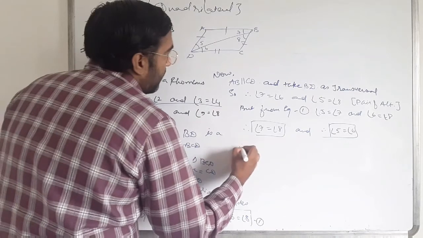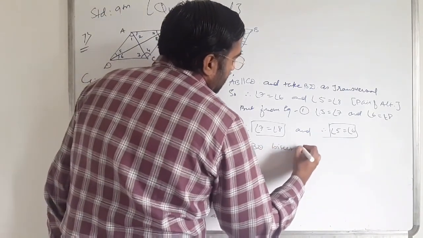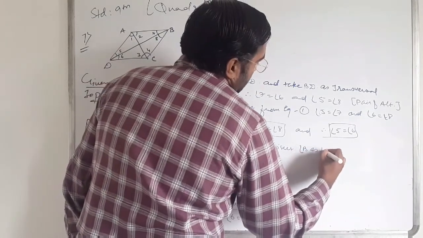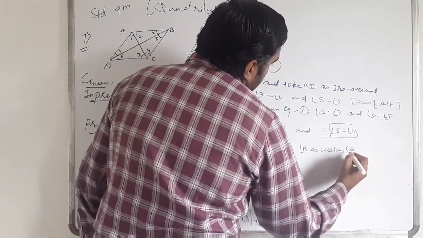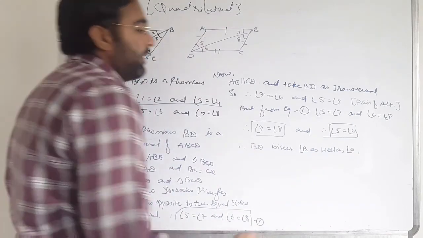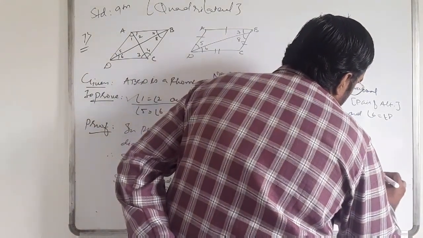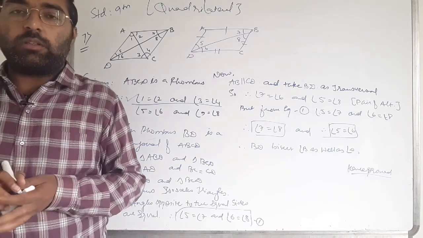Okay. So therefore BD bisects angle B as well as angle D. Clear that? So I'll write hence proved. Clear? Please note down these things.